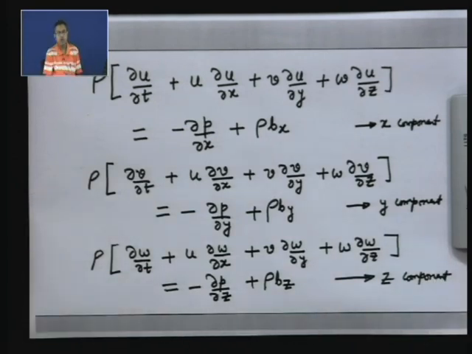Now, before going into the next stage of simplification, let us emphasize that these three equations are scalar components of the resultant equation of motion in its vector form, which we will derive; in fact we will immediately see how to write these equations in a compact vector form.